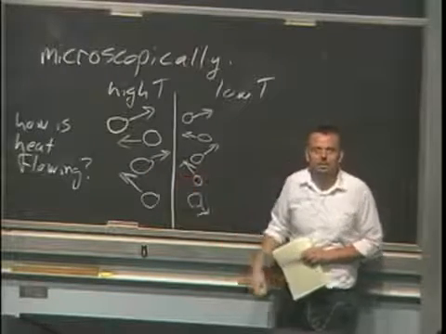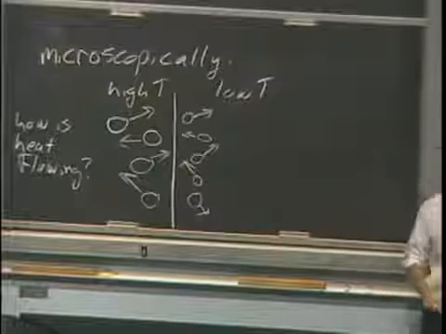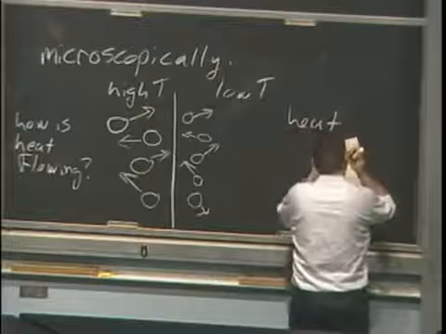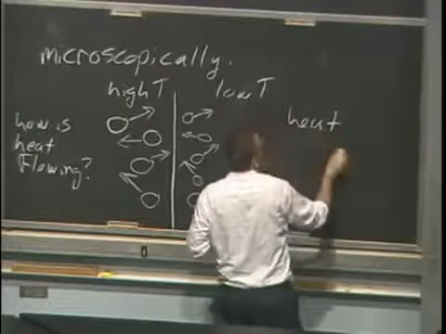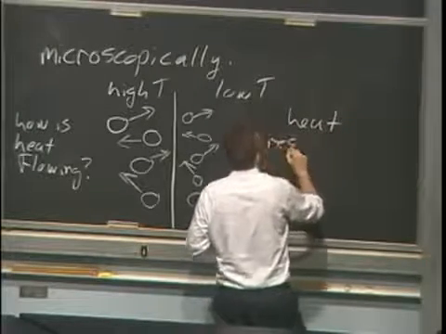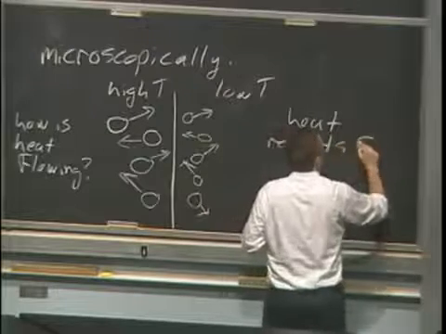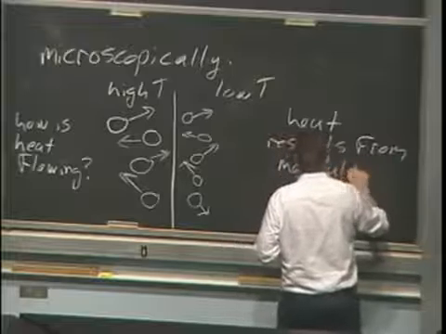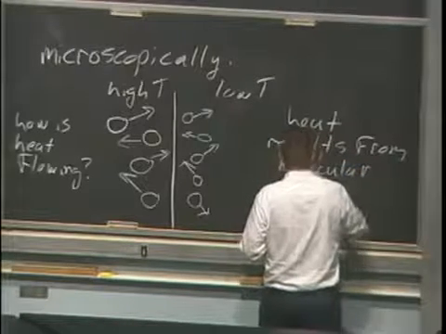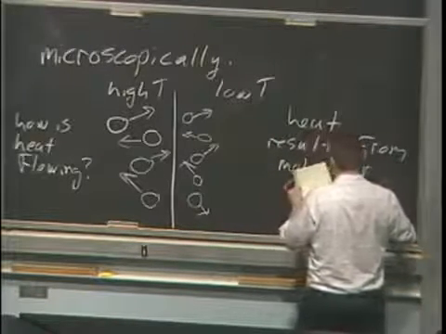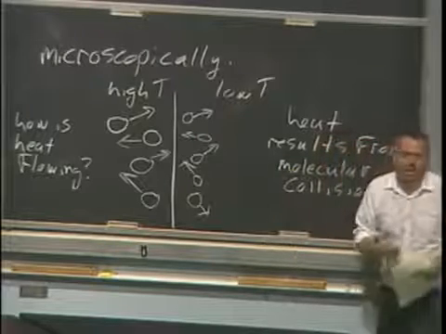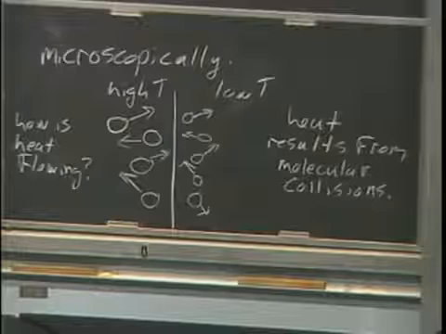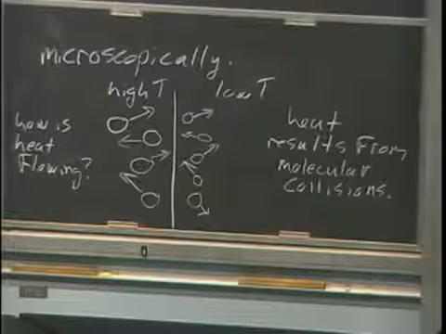So heat flow is the result of microscopic collisions, or molecular collisions. And when we start thinking about this as a microscopic process, it becomes a lot more obvious what we mean by high temperature and low temperature.